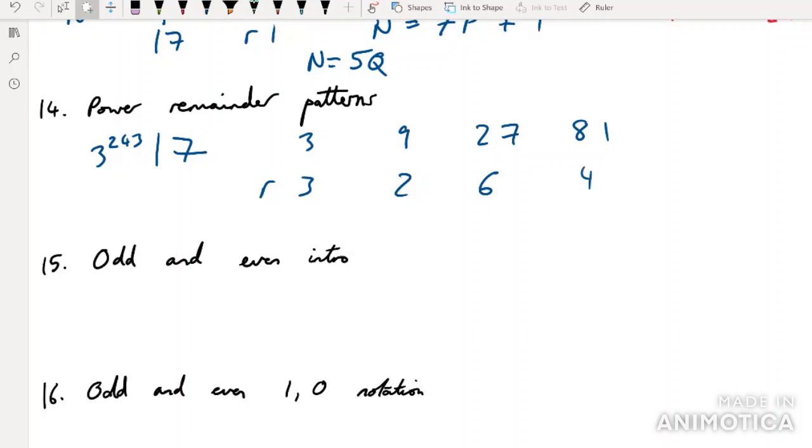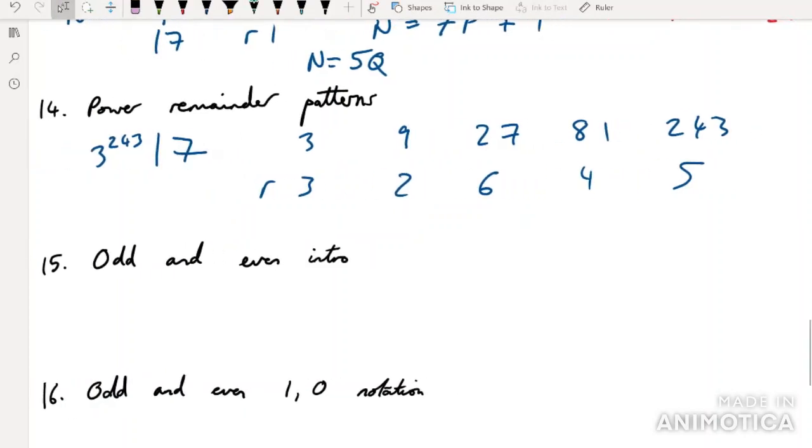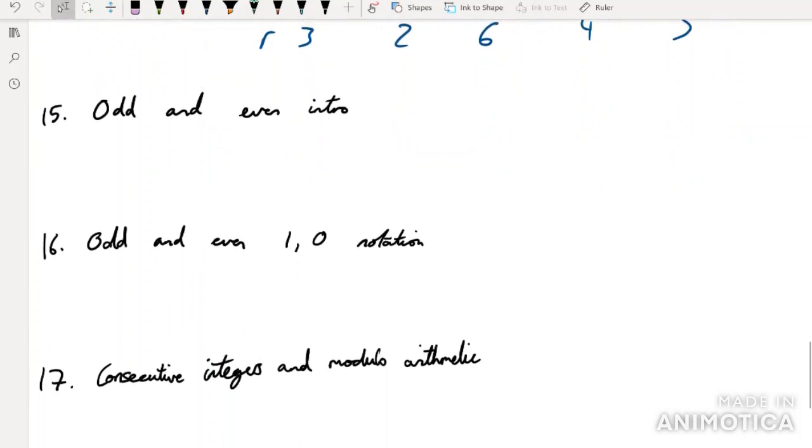Okay, clearly picked a bad example. 5. Wow. Okay, so we're working all the way through. The point being that there will be a pattern. If I'd picked a better example, it might have said 3, 2, 3, 2. In which case, you can just figure out what the remainder will be when you get all the way up to 243. Okay.